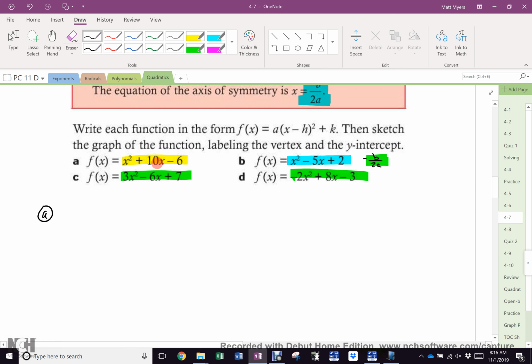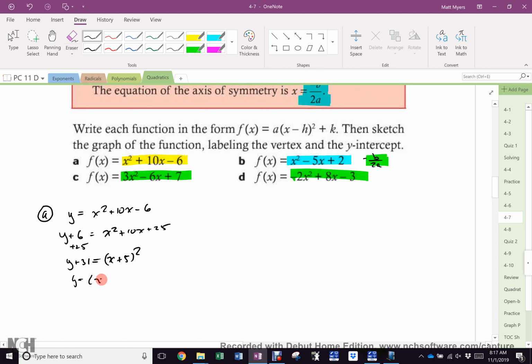We've decided that one is a good one to do complete the square on. Remember f of x from grade 10? That's just a fancy way of writing y. So that's y plus 6, x squared plus 10x plus 25. So I add 25 to that side. Y plus 31 equals x plus 5 squared.